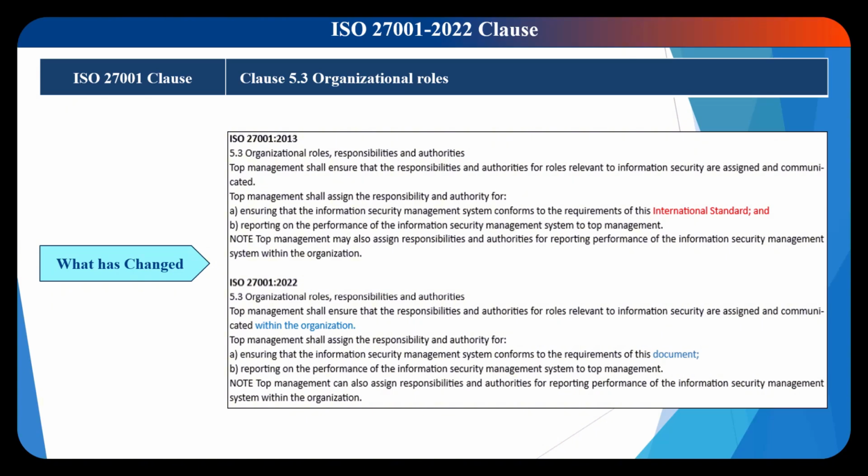In the 2022 version, section 5.3 now reads, top management shall ensure that the responsibility and authorities for roles relevant to information security are assigned and communicated within the organization. The second verbiage change is in section A, where previously it used the verbiage of international standard. However, in the new version, they have changed it to this document. That's the only verbiage you really have to change.